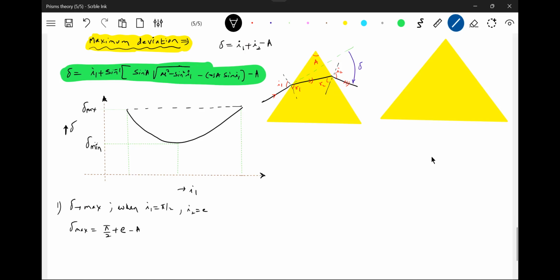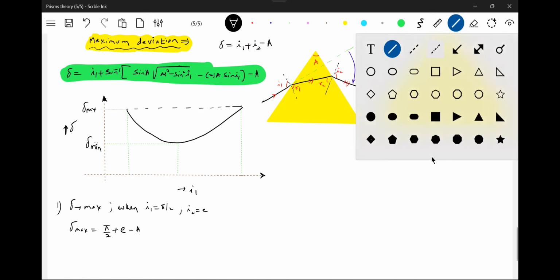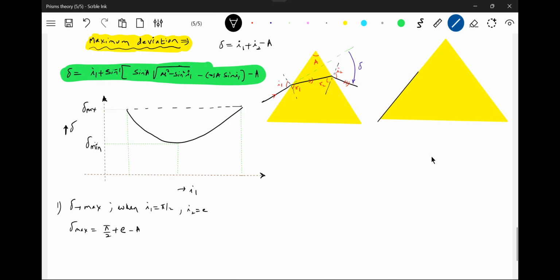So how do we show this? It will be grazing incidence at some angle.